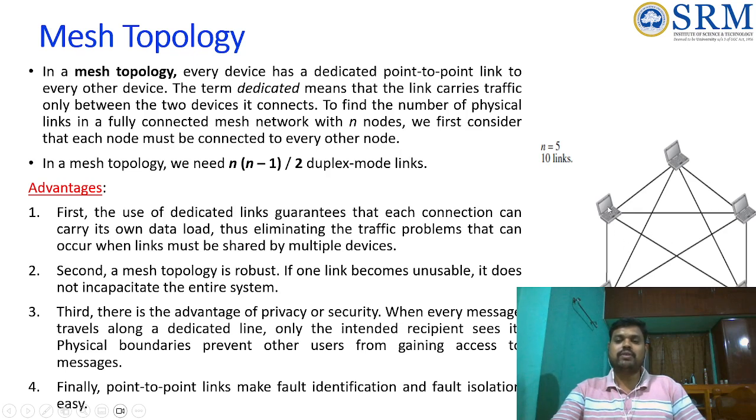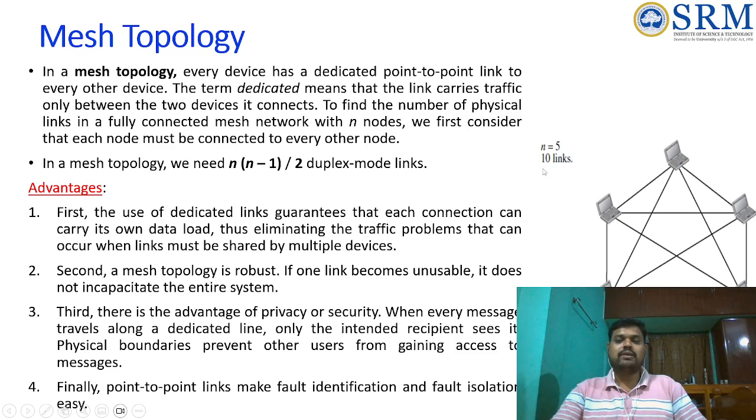For example, the first one is directly connected to all the 4 systems in the network. This way you can create connections to form a mesh topology. A mesh topology has a dedicated point-to-point link to every other device in the network.